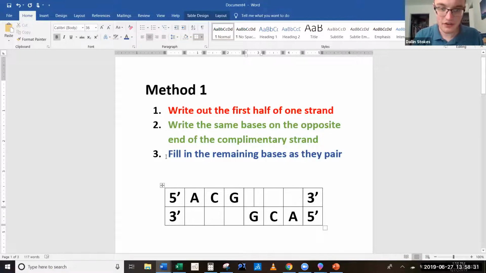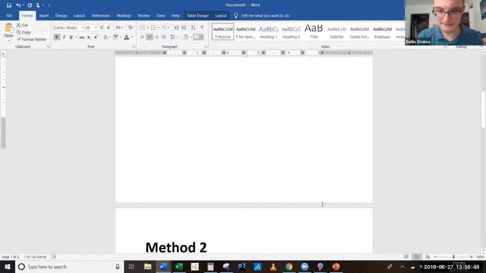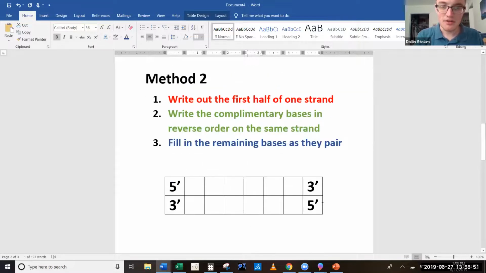Then I just fill in the remaining bases as they pair. C, G, T. And T, G, C, it's palindromic. ACG, CGT, ACG, CGT, it's palindromic. Okay. Write out the first half of one strand.